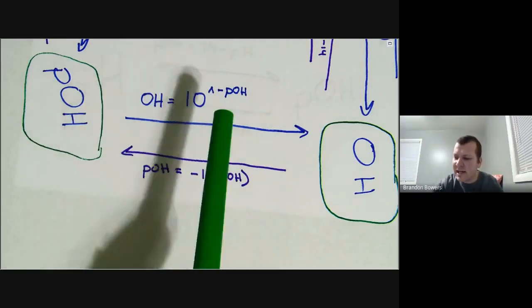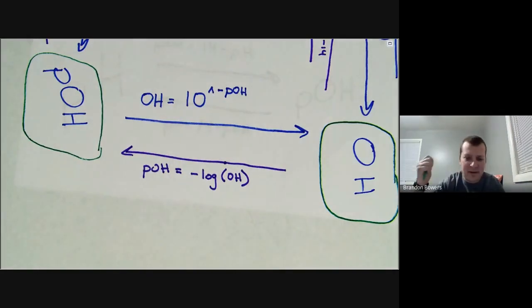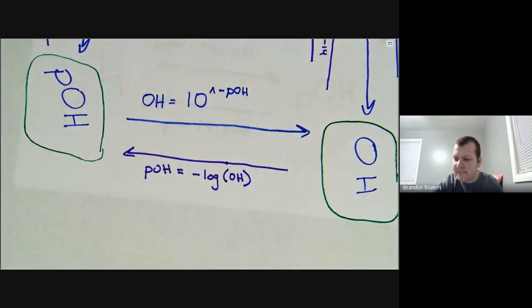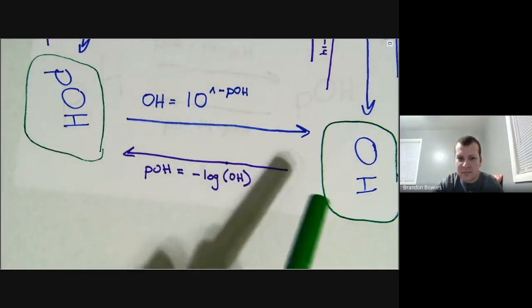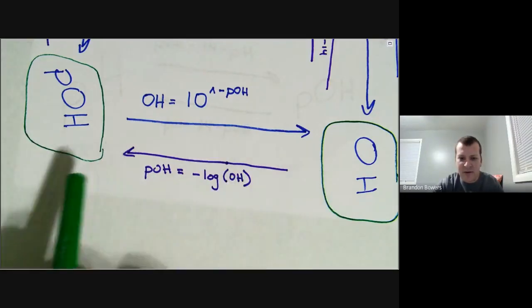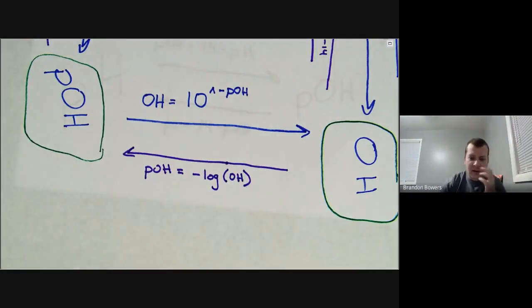So 10 to the caret negative pOH. That's key, negative pOH. That's if you're going pOH to OH-. And going backwards is negative log of the OH- value. That's what occurs when you work backwards.